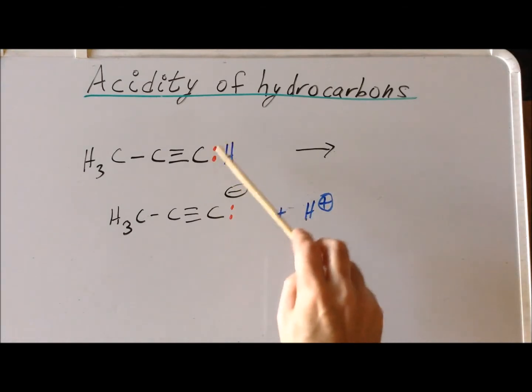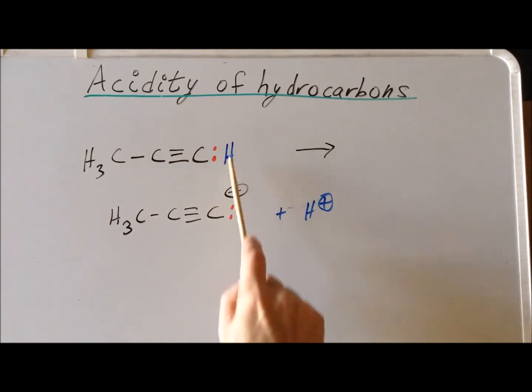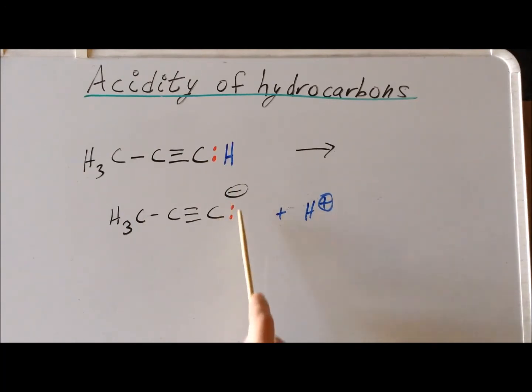It's sufficiently acidic that we can remove this hydrogen to generate this anion, which again is going to be an excellent nucleophile because it's very strongly basic. Part of the reason why this is as acidic as it is is that this lone pair, being in an sp orbital, is more tightly held by carbon, so it's less available to share with the hydrogen.